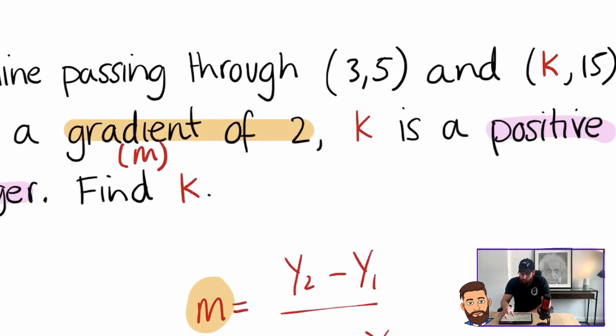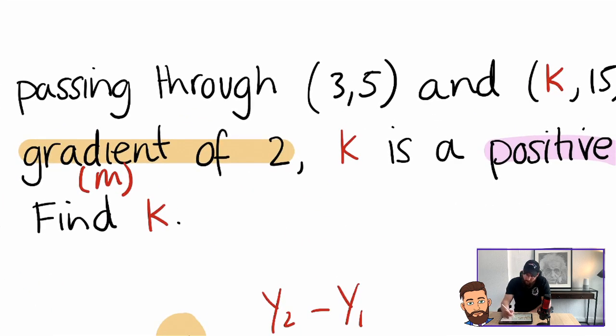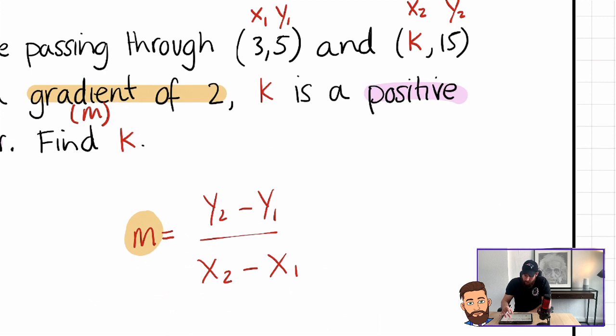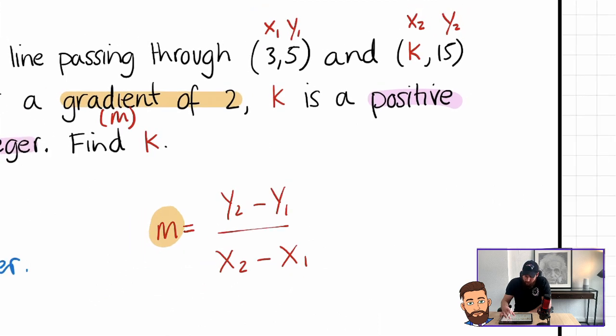Well, let's label it. That's the first x coordinate they gave us. That's the first y coordinate they gave us. This is the second x coordinate, so x2. This is the second y coordinate, so y2. Let's start to fill in what we've got then.